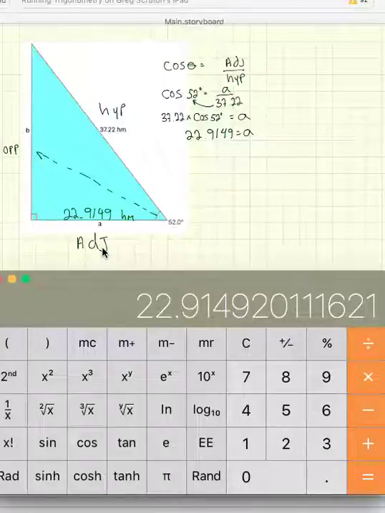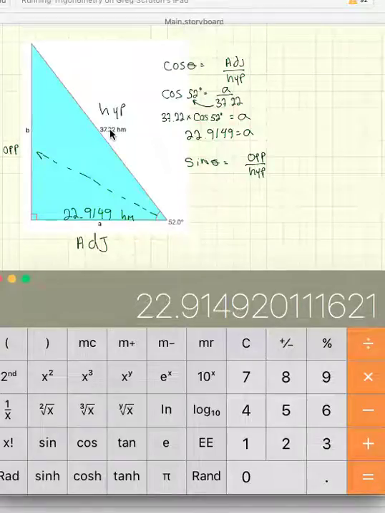Now at this point you could use Pythagoras' theorem if you wanted, but I'm going to use my trig ratios because that's why we're here, to learn the trig ratios. So I'm trying to find the opposite, and I'm given the hypotenuse. Opposite over hypotenuse is the sine ratio. So sine of theta is opposite over hypotenuse.